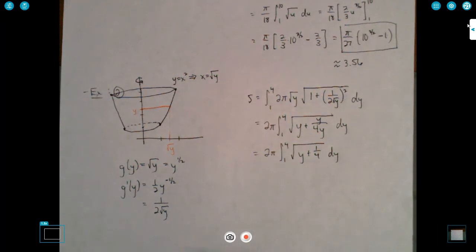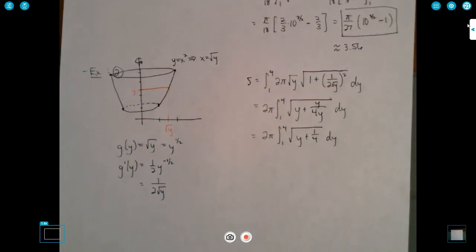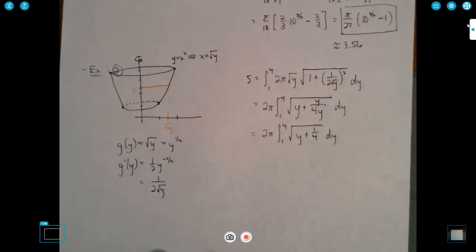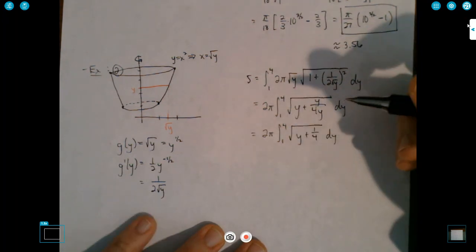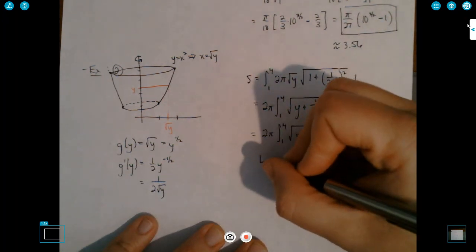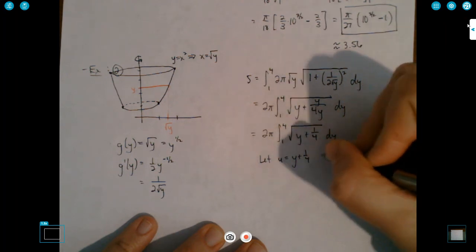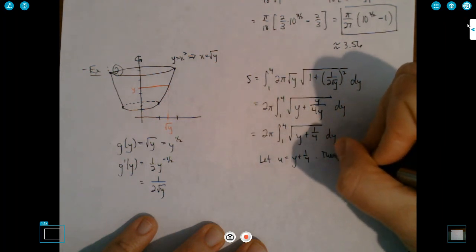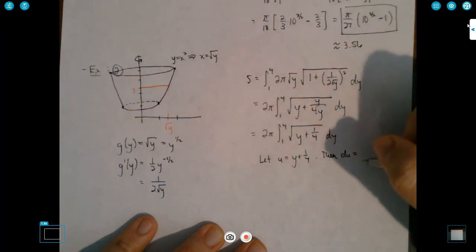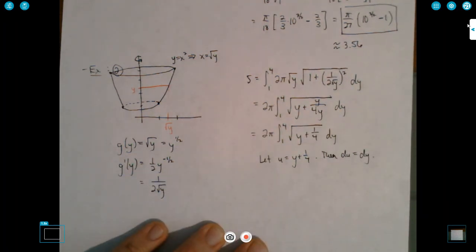Okay, so I think that's pretty straightforward to solve at this point. We can just let u be y plus 1/4, right? And then du is going to just be dy. And that's all there is to that.